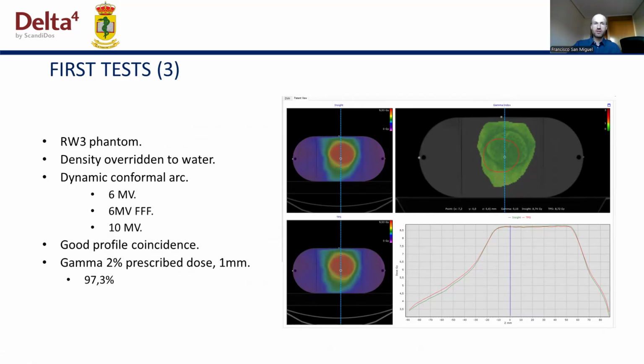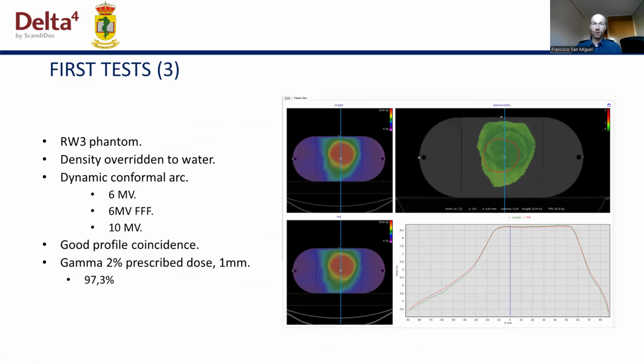In the next test, the same geometry was maintained, but in this case, the plan consisted of a conformal dynamic arc. So we are complicating the plan a bit more. And although all the three clinically available energies in the department were evaluated, the image shows the case for 6MV.